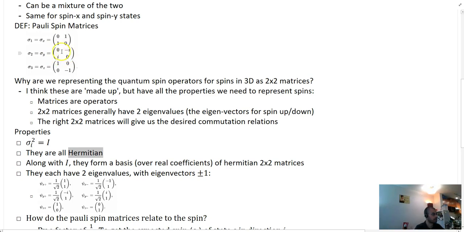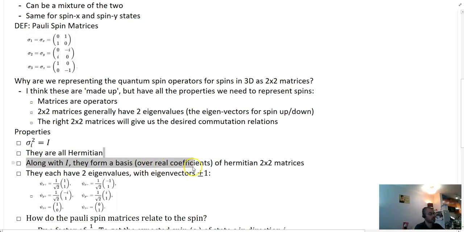So for example, you do a transpose, so the -i goes here, the i goes here, but then you do a complex conjugate, so the -i that's now here becomes a positive i again, and the positive i that's here becomes a -i, right? So when you do the Hermitian conjugate of this, you end up getting the same matrix. Same with this and same with this.